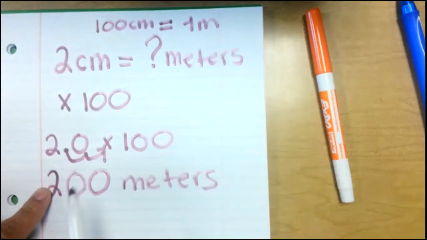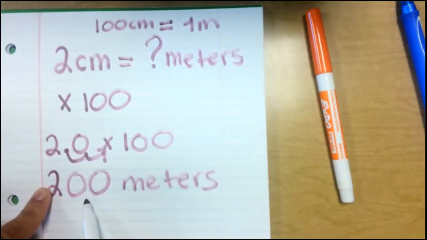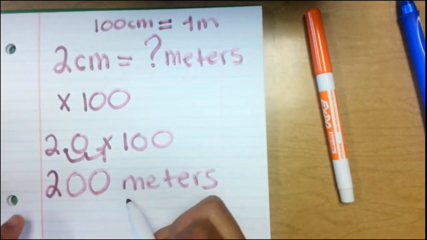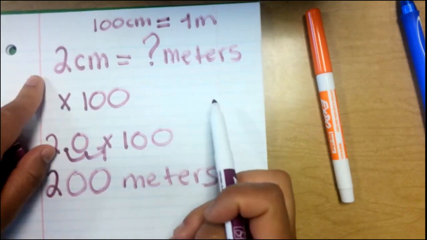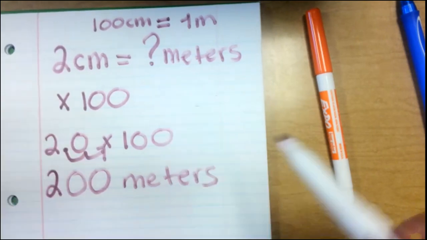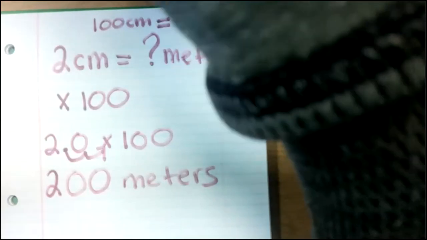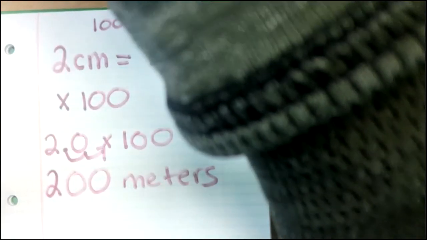So we just figured out, you're right, 2 centimeters is not 200 meters. I think it's 200 centimeters. Is that what you're asking?